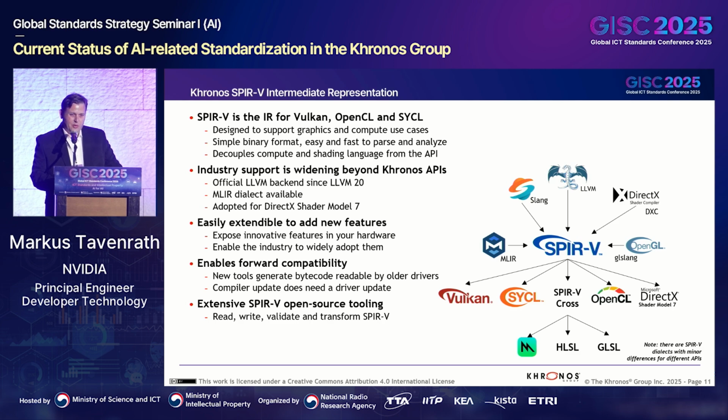LLVM had the problem that if you upgraded your compiler, you needed to upgrade every piece of software which consumes the output of the compiler to a new bitcode version, which is not realistic for a driver. If you update your compiler, you do not want to update your driver as well. There's no guarantee that drivers get updated. And finally, for SPIR-V, we have quite extensive open source tooling so that we can read, write, validate, and transform SPIR-V between different representations.